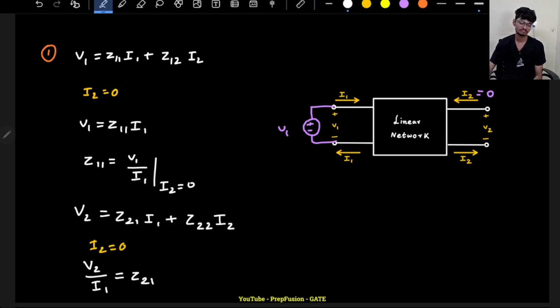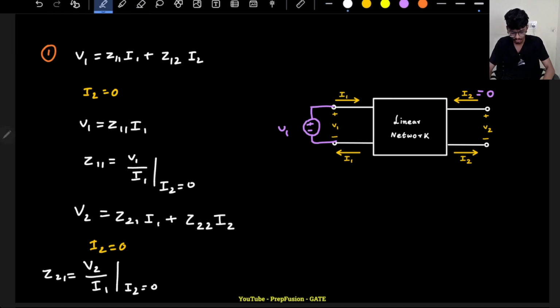So that is what my Z21 is equal to. I hope you have understood this very basic point. But remember, this holds in the case when my I2 is 0.